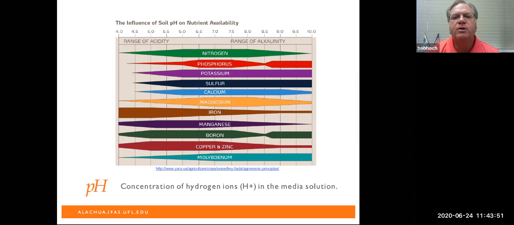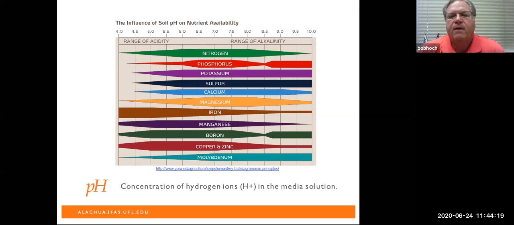If you take nitrogen, for instance, it's pretty wide, anywhere between, say, 5.8 all the way up to 8.5. When you get way beyond that on the outer edges, you see a narrowing, which means the nitrogen is going to be available in a pretty wide range in the middle, but not as wide a range on the ends.